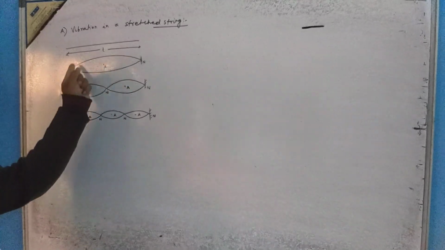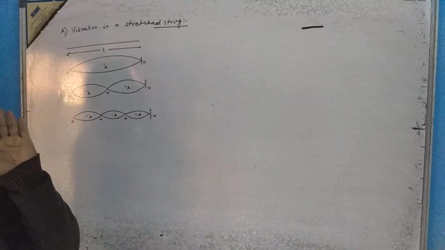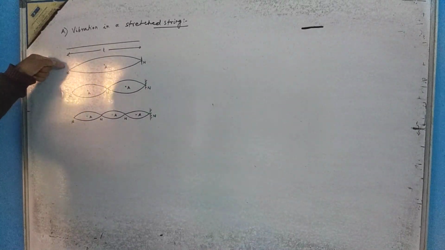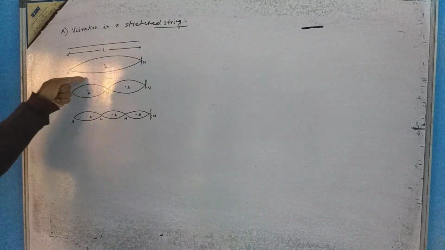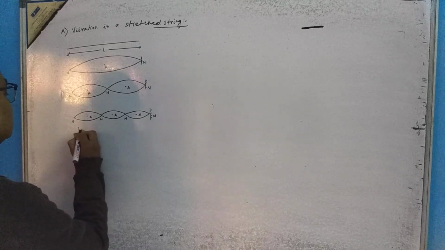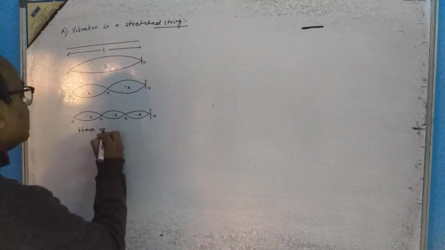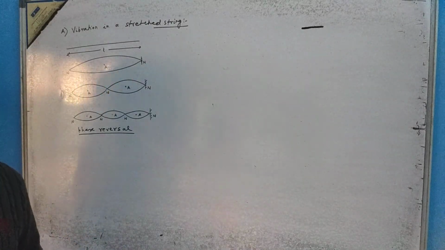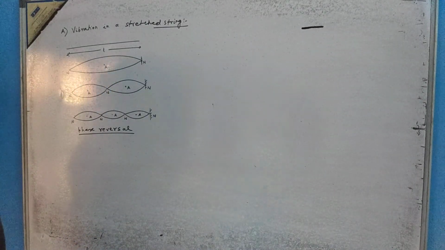It is reflected by a fixed boundary. So it goes like this, but it comes back in the opposite direction. That means it is the case of phase reversal. Very important thing. It's a case of phase reversal.